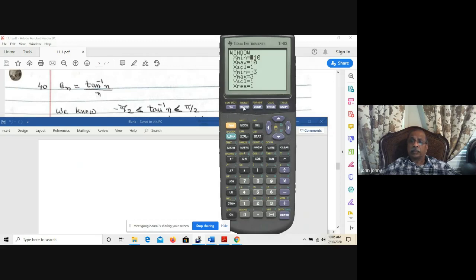And again, I'm going to draw y is equal to pi over 2 and negative pi over 2, negative pi over 2 and negative pi divided by 2 and then pi over 2. See the graphs.